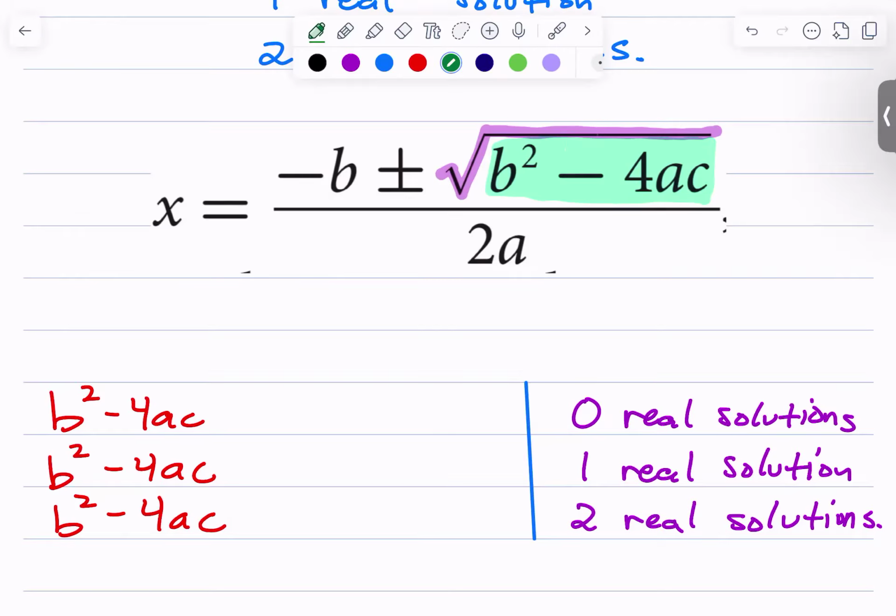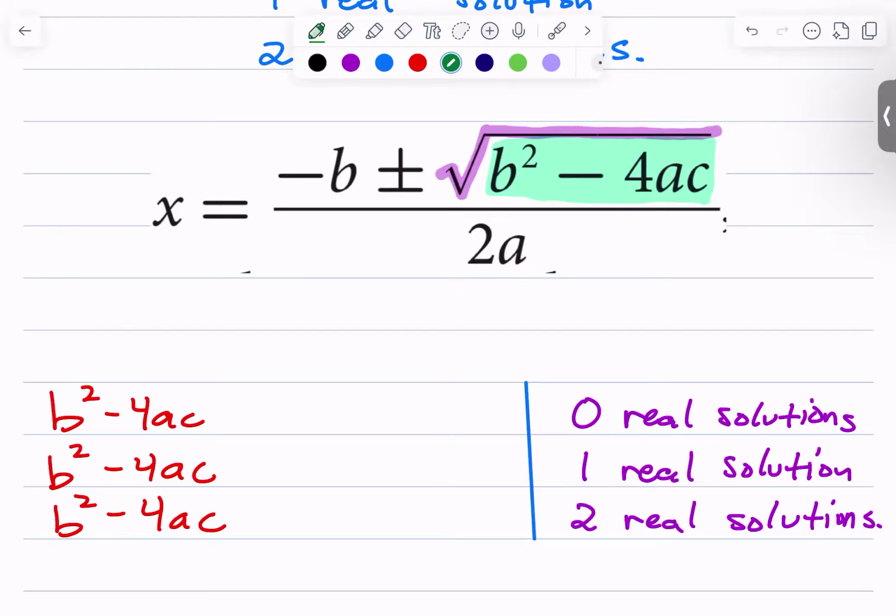Then you might think it's negative 2. Negative 2 times negative 2 is also positive 4, right? So there's no number that I can plug in that'll get me a value of negative 4. The square root of negative 4 does not exist.